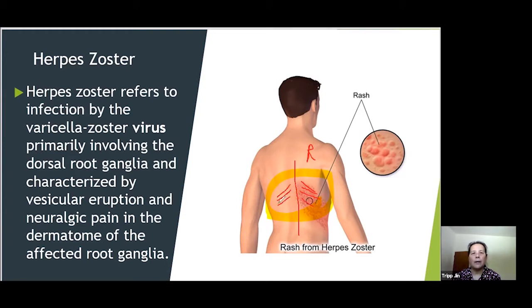These viruses hide on the root part of the branch, so when they cause infection, they follow the same nerve branch to the body.